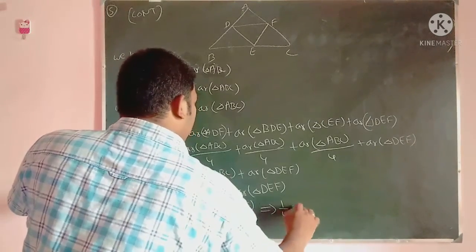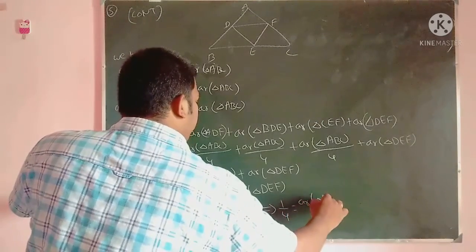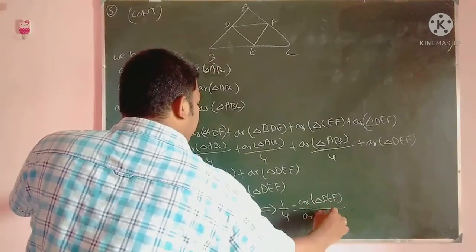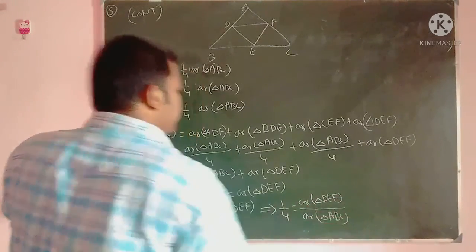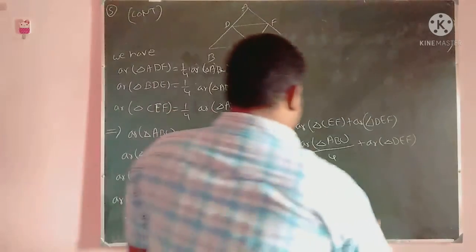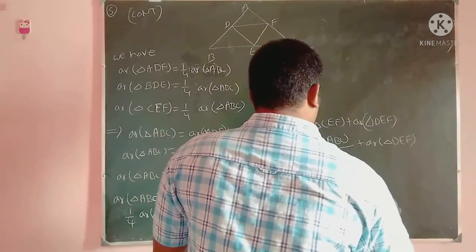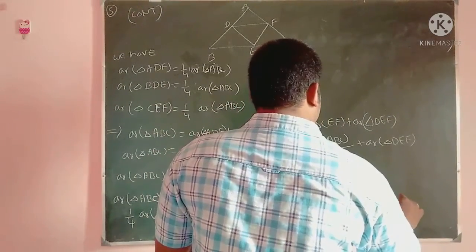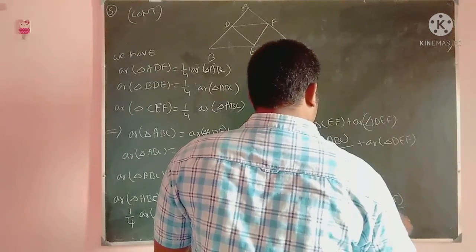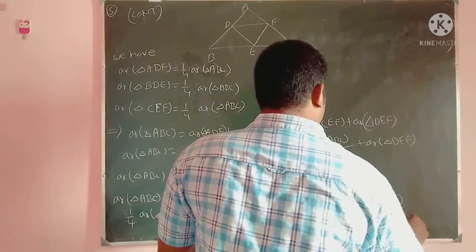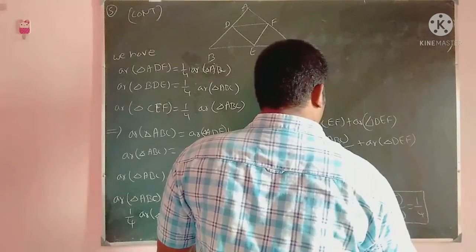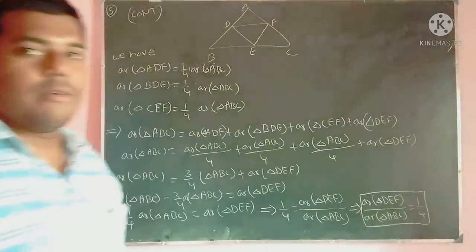So by this we can write 1 by 4 is equal to area of triangle DEF by area of triangle ABC. So now we got the ratio. So finally, area of triangle DEF by area of triangle ABC is equal to 1 by 4. So the ratio is 1 by 4.